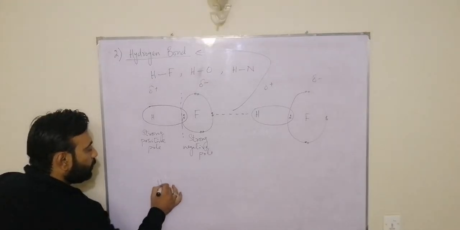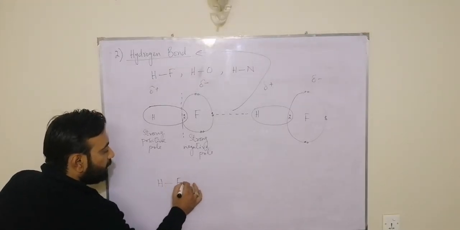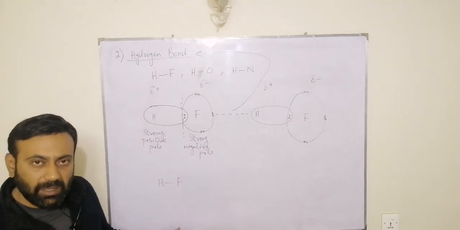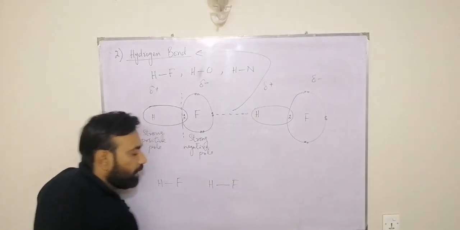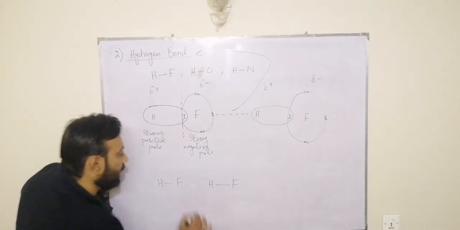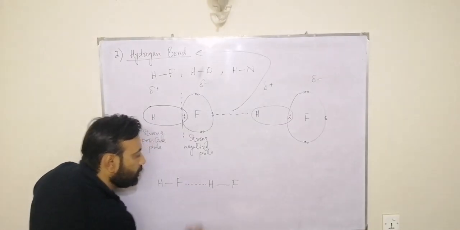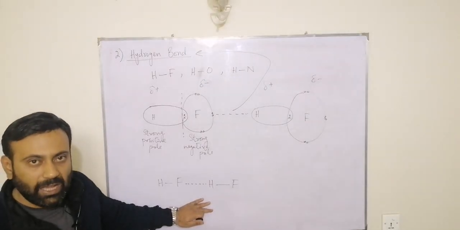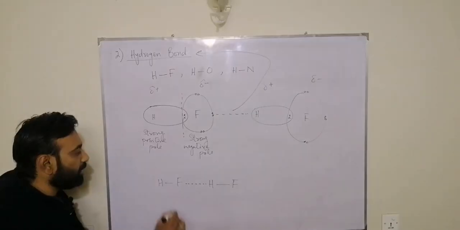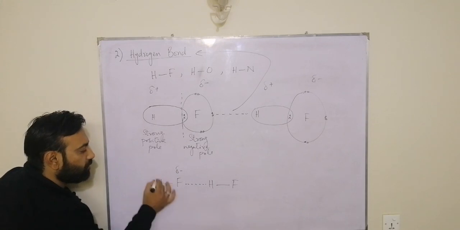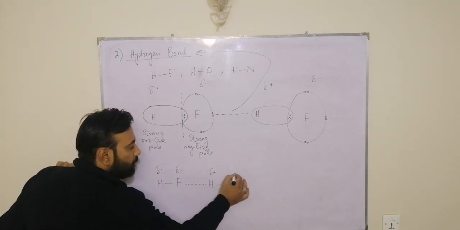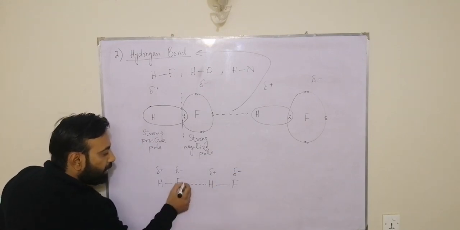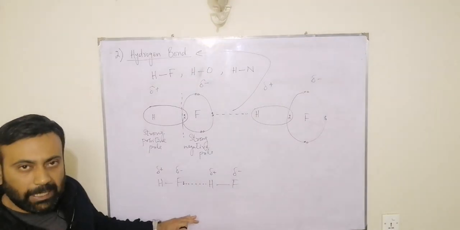For example, if you are representing this hydrogen bonding in a displayed formula form between hydrogen fluoride molecules, you will not just do this. You have to do two more things. You have to mention that this has a partial negative charge, hydrogen has a partial positive charge, same goes here, partial positive, partial negative, and there is a lone pair on the fluorine atom.